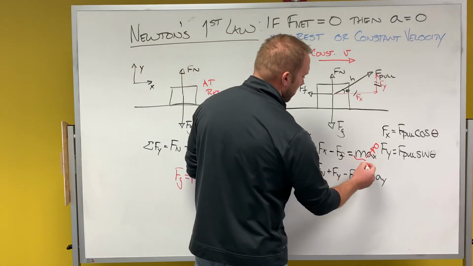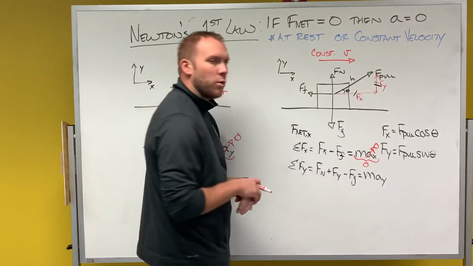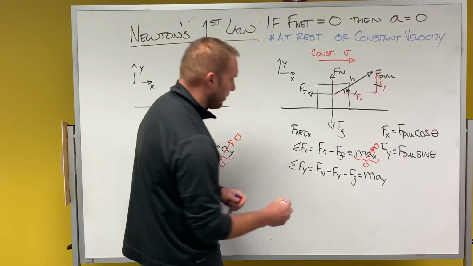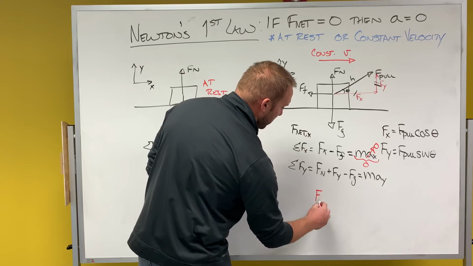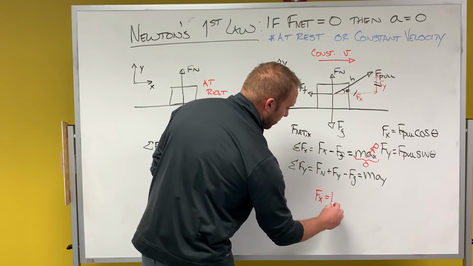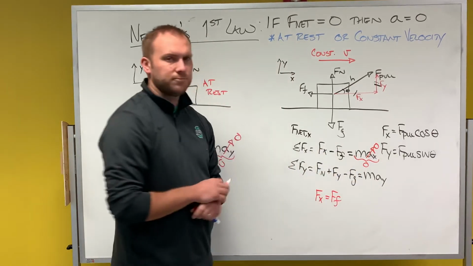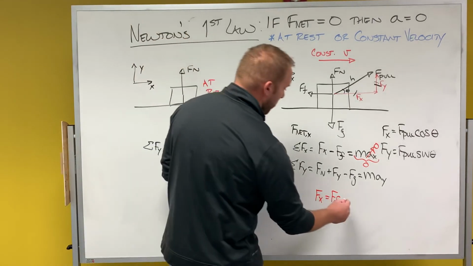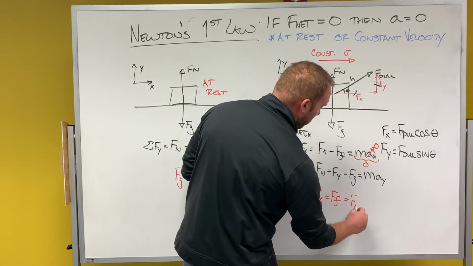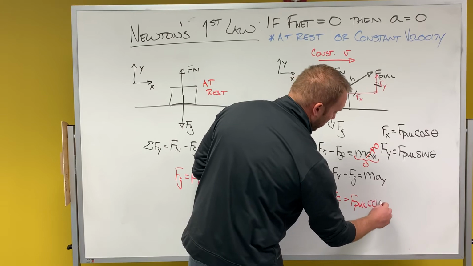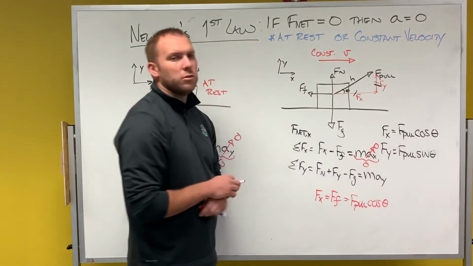That again makes this entire side of my equation 0, which tells me that the F of the x is equal to my frictional force. Or another way to say that is that F pull times the cosine of theta equals my frictional force.